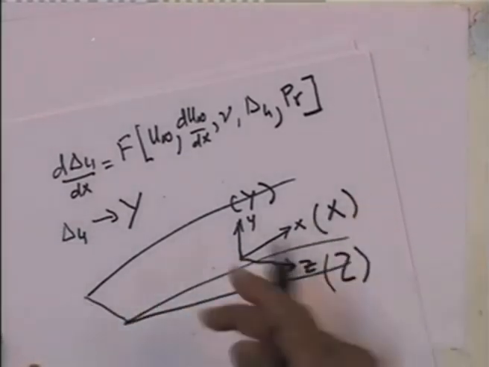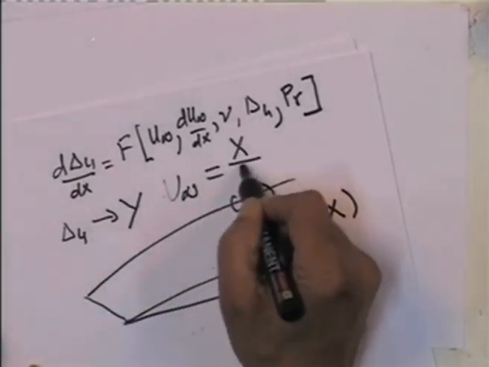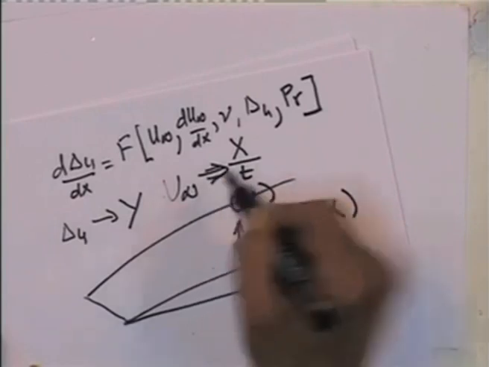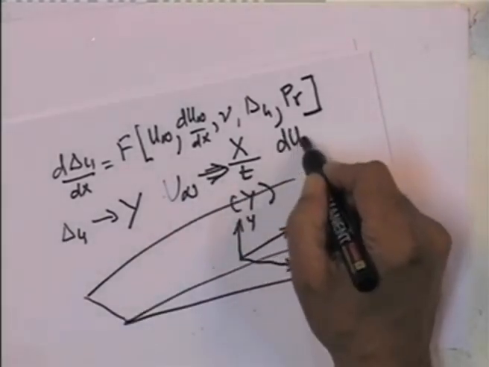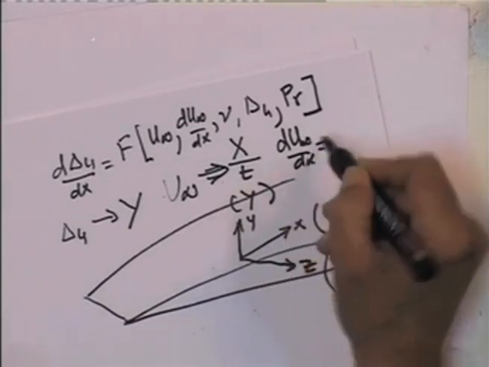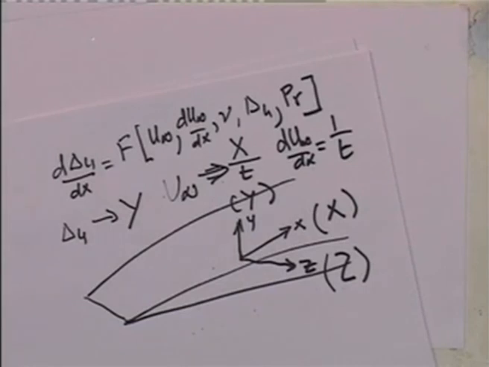U infinity, being a streamwise velocity, would have dimension x by t. Du infinity by dx of course would be 1 over t, simply divide this by x.